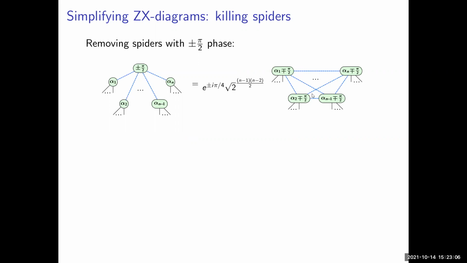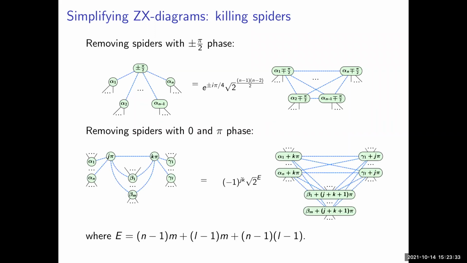Okay, and then we change the connectivity of the spiders, but that's really not important. The important part is there's one less spider. And you can apply this to any spider with a pi/2 minus pi/2 phase as long as it's connected only to other spiders. But we will be dealing solely with scalar diagrams. So diagrams have no inputs or outputs. So spiders are only connected to other spiders, right? So we can always do this. We can get rid of all of the spiders with a pi/2 minus pi/2 phase.